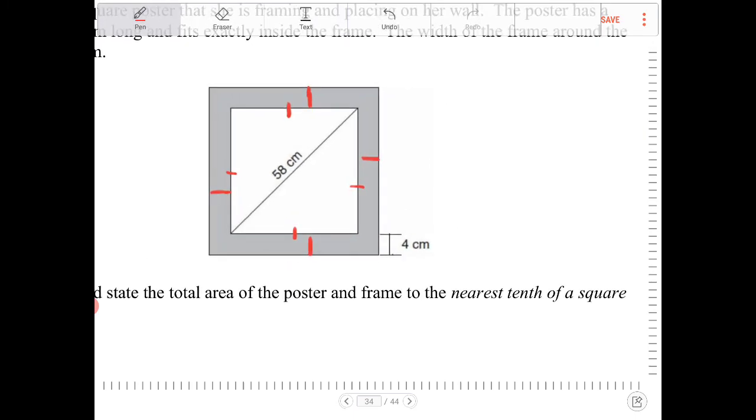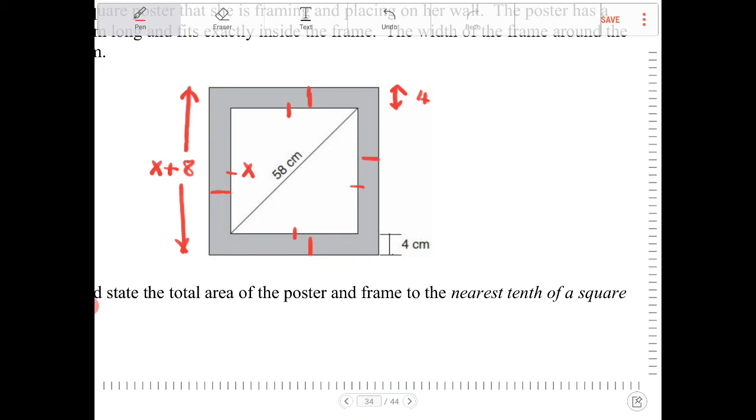I don't know the dimension of the square poster, so I'm going to call that x. If that's x, then the total height of the frame will be x plus 8. Why is that x plus 8? Because I have 4 centimeters there, and I also have 4 centimeters there.